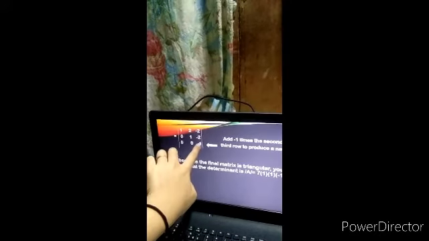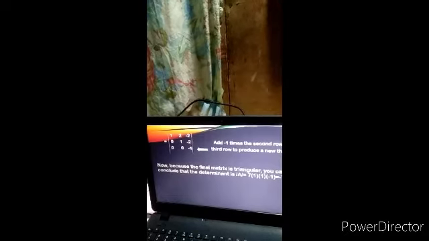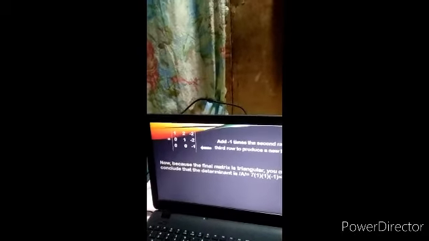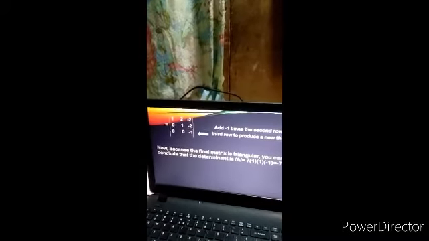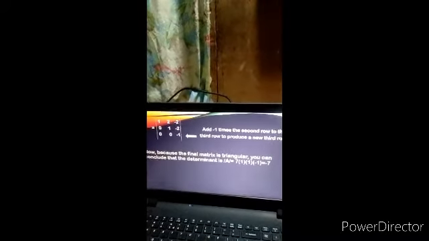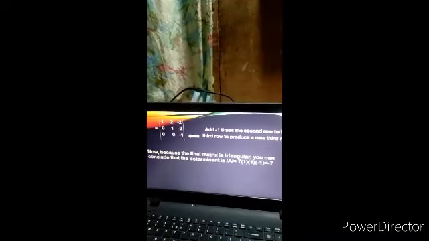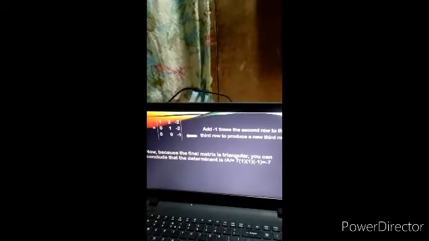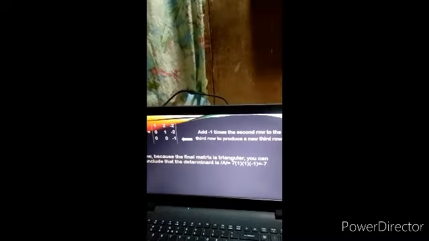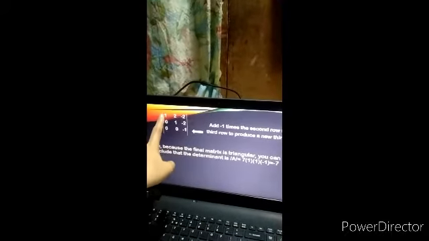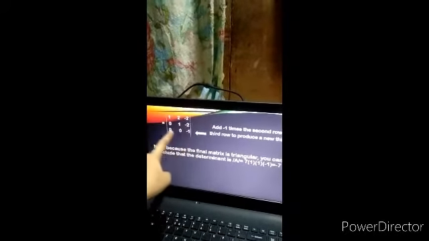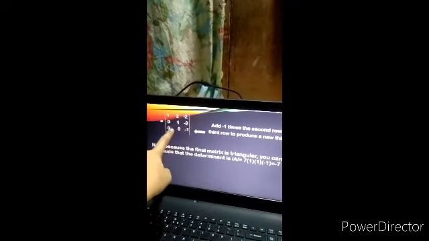So, we have the third column in the third row. So, now, because the final matrix is triangular, you can conclude that the determinant of A equals 7 times 1 times 1 times negative 1 equals 7. So, this is the triangular matrix.